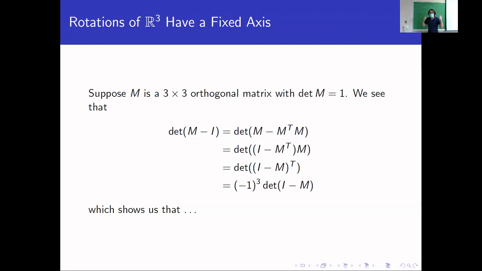And that tells us that there is an eigenvalue of 1, which would have an associated eigenvector, and that's your fixed axis. So when you get into your linear algebra, eigenvalues are very nice, eigenvectors are even nicer.